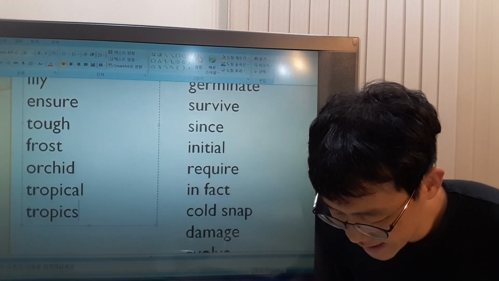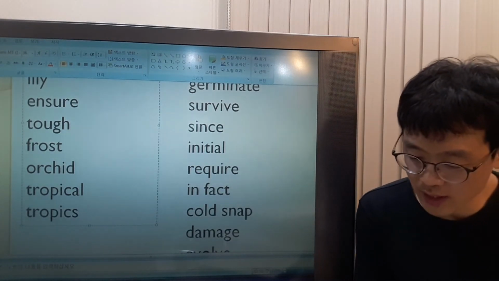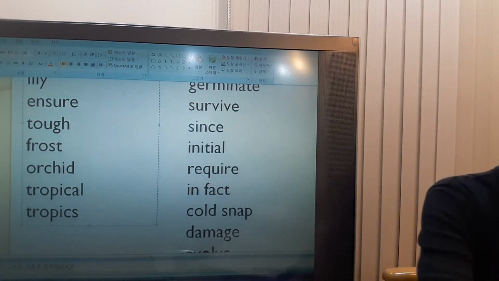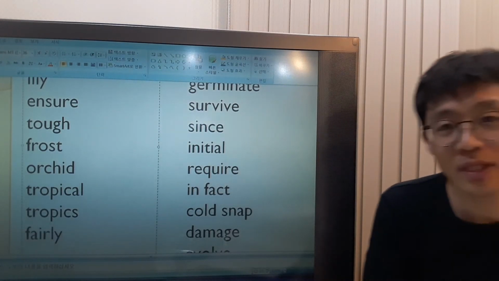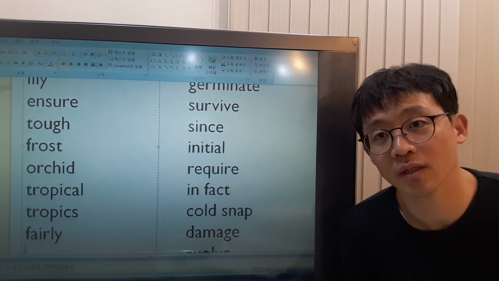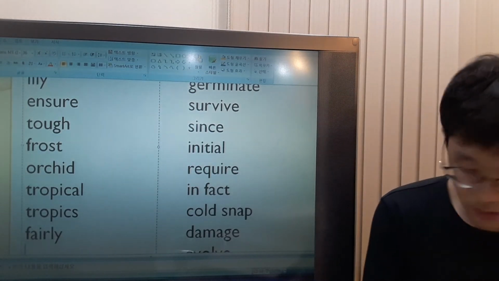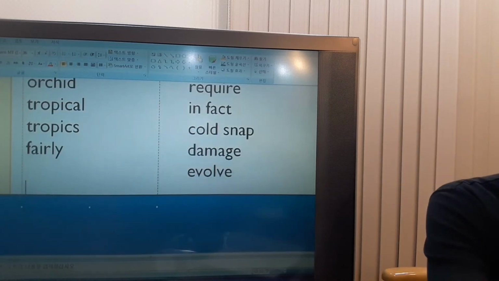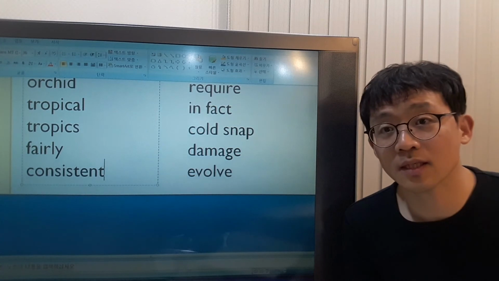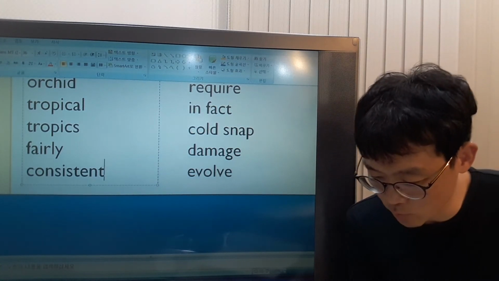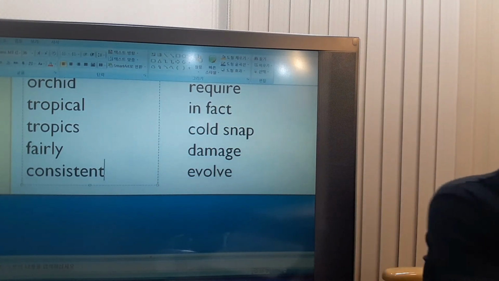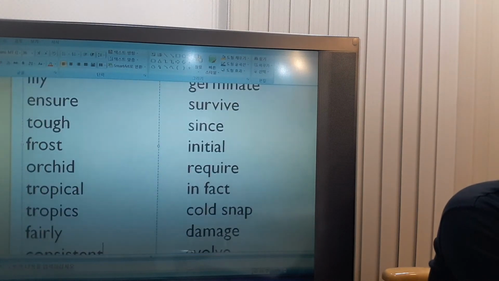They can bloom at any time during the year since the weather is fairly consistent. What does that mean, fairly? Fairly means a little or very, okay? It's between that. Fairly consistent. What does that mean, consistent? Consistent means stay the same, all right? And the risk of damage, what does risk mean?